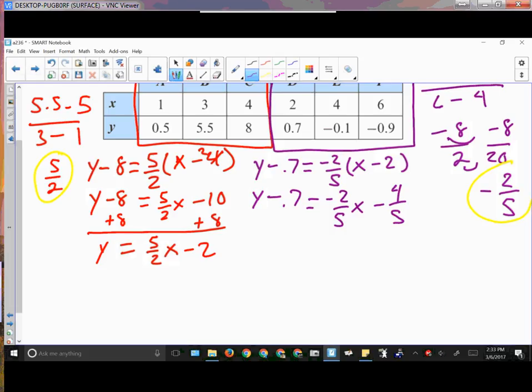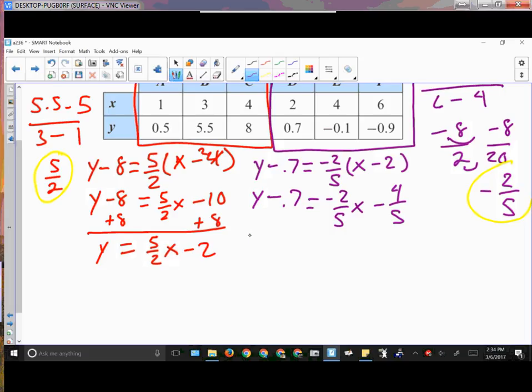Now, if I got 4/5, could I easily play with decimals here, or shouldn't I? What should I do? You want decimals or fractions? What do you think? Decimals or fractions? You like fractions, okay.